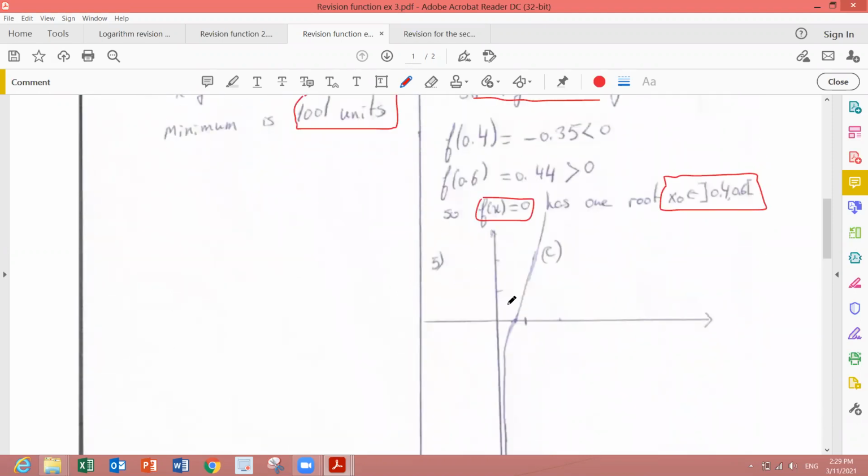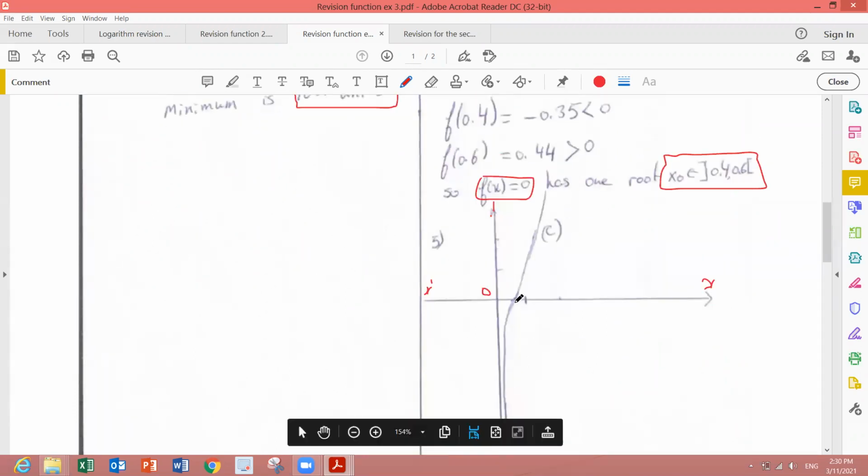Part 5, if we need to draw the curve of this function, this is the x-axis and the y-axis. We have x equals 0 as a vertical asymptote.